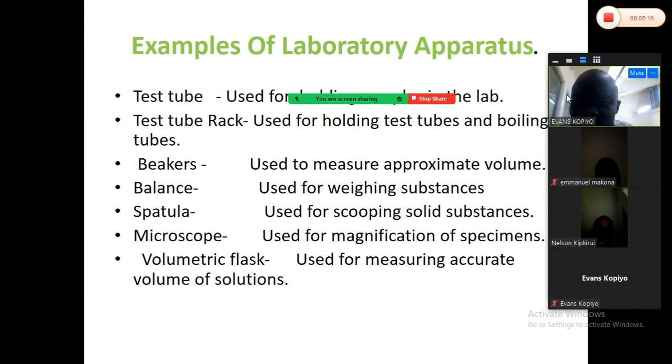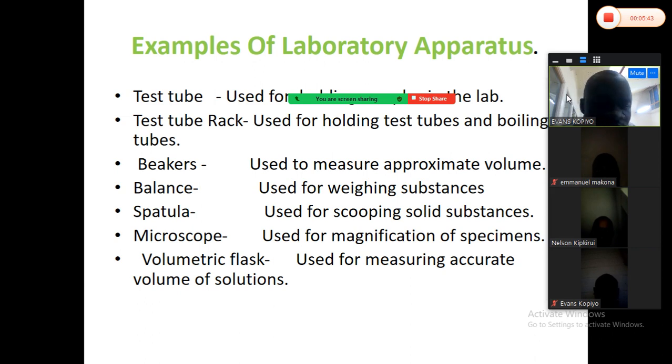Yes. Emmanuel, can you read the first one? Test tube: used for holding samples in the lab. Good. Test tube rack: used for holding test tubes and boiling tubes. Then you have the beaker. Thank you, Emmanuel.